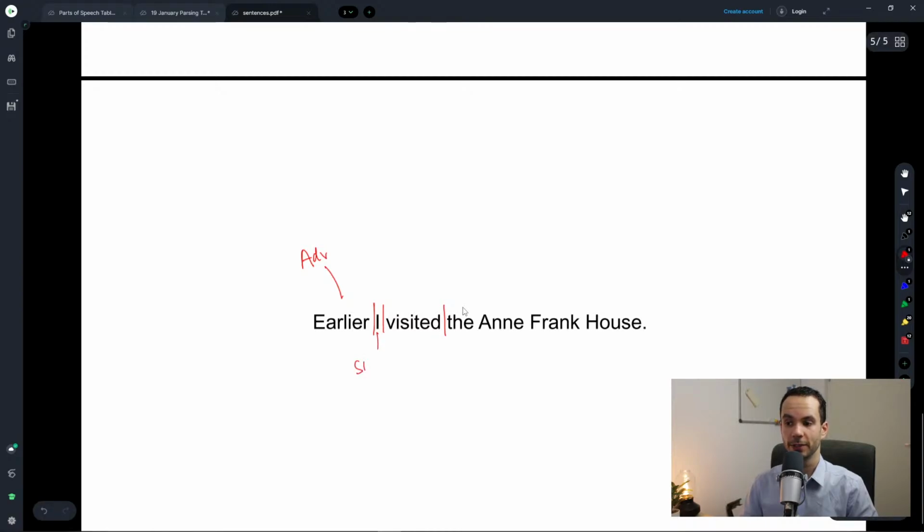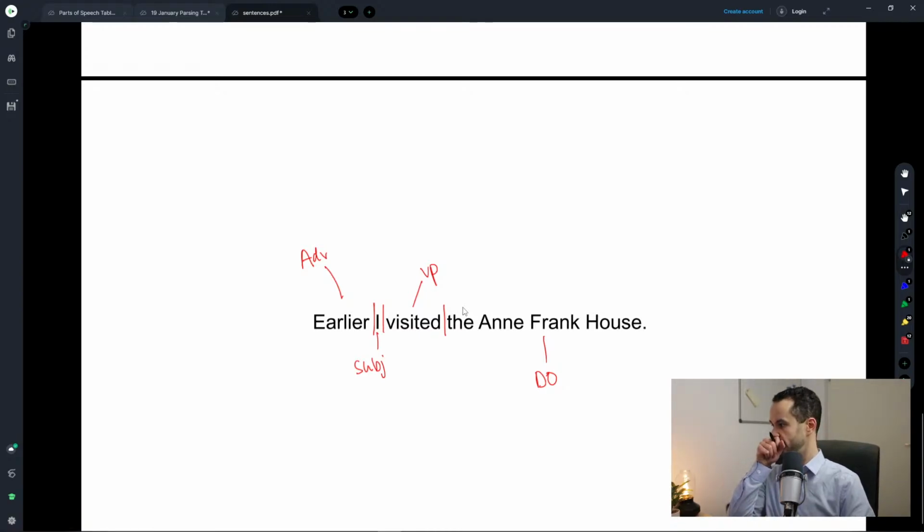I is our subject. Visited is our verb phrase. And the Anne Frank house is our direct object. So, I visited the Anne Frank house, which is our direct object.